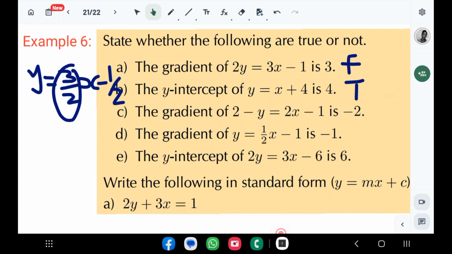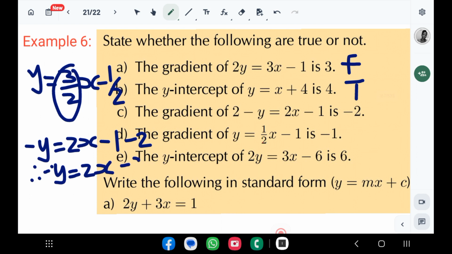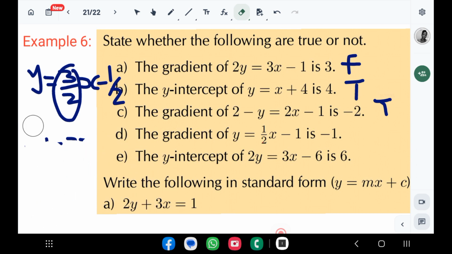So you've got minus y equals 2x minus 1 minus 2. Therefore, minus y equals 2x minus 3. Divide both sides by negative 1. The standard format of the equation is y equals negative 2x plus 3. So that is correct. It is true. If you put that in standard format, the answer will pop right at you.